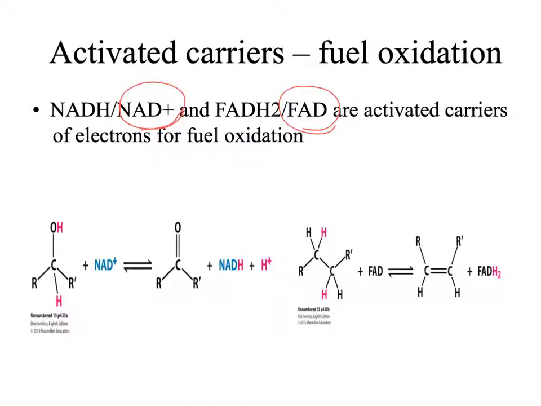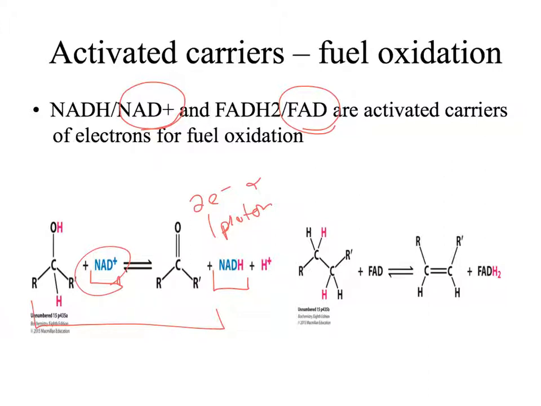So NAD+ and FAD are these carriers. In the case of NAD+, you have some molecule, and NAD+ picks up two electrons and a proton, and it becomes NADH. So two electrons and one proton are picked up by the NAD+ to become NADH.